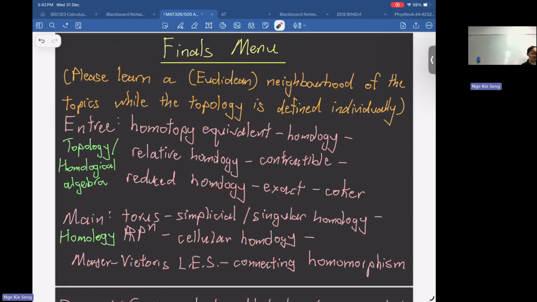So please learn Euclidean neighborhood of the topics, while the topology is defined individually. Can you read what I'm writing? I will specify some topics, and these terms you have to be very familiar with, and then try to make connections between them, find the hidden layer.